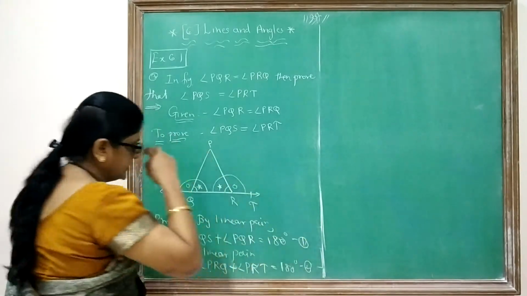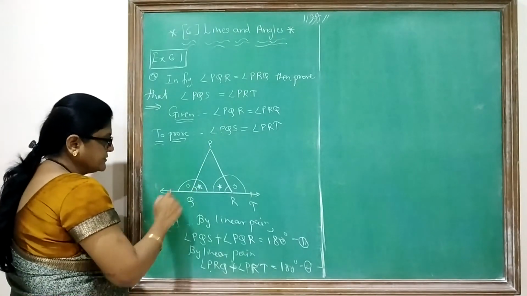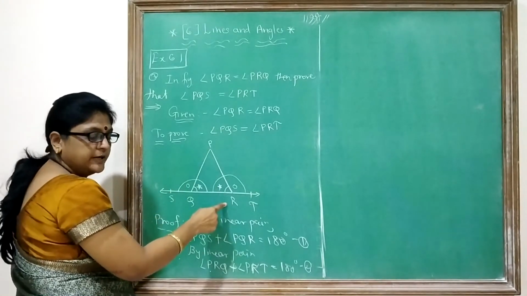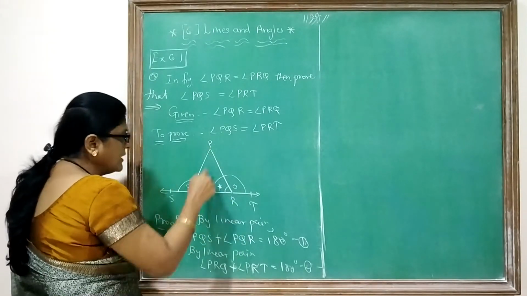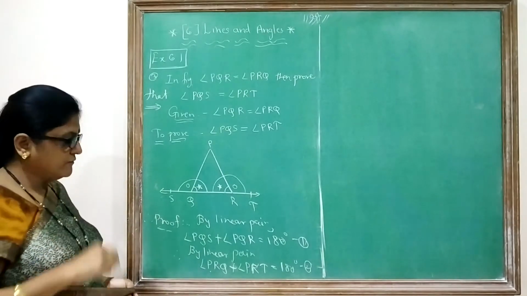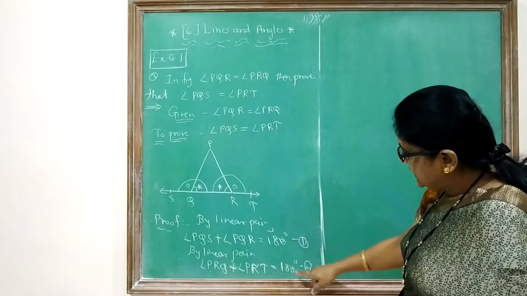Then equation number 2. Again you will see this PQS plus PQR, they are 180, and PRQ and PRT, they are 180 degrees. Here 180 degree, here 180 degree.